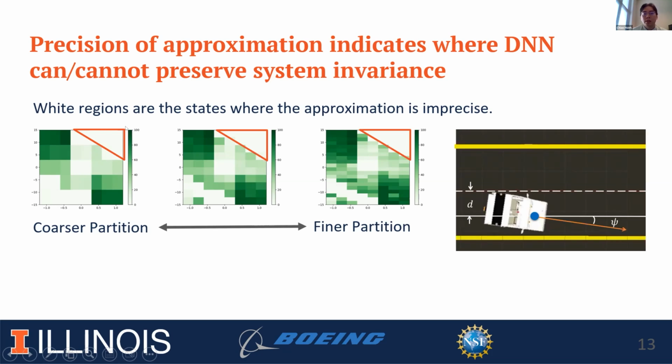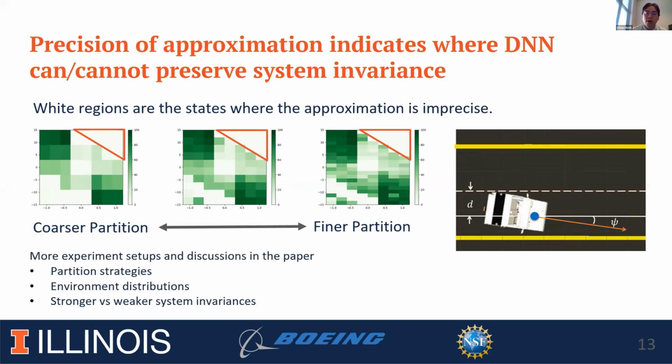If we map this top right corner back to the configuration of the car, we can see that the car is at a position closer to the lane boundary, and it is facing towards the lane boundary. So the car is already in a nearly unsafe state, and therefore the approximation would need to be very restricted, so that the actual perception position would have problems remaining safe and satisfying the system invariance.